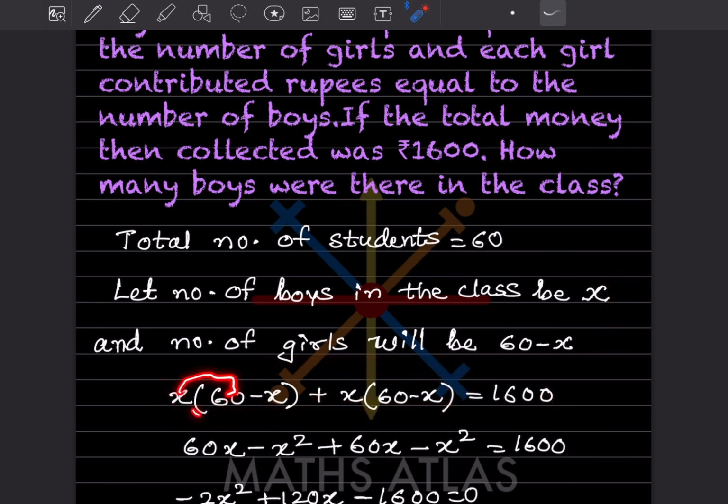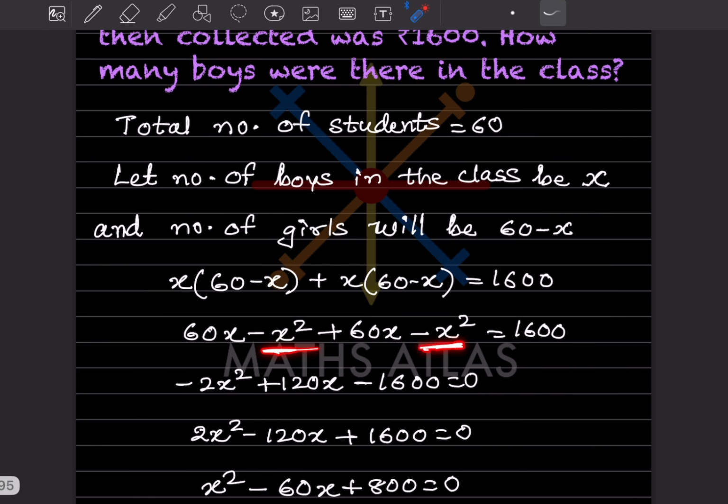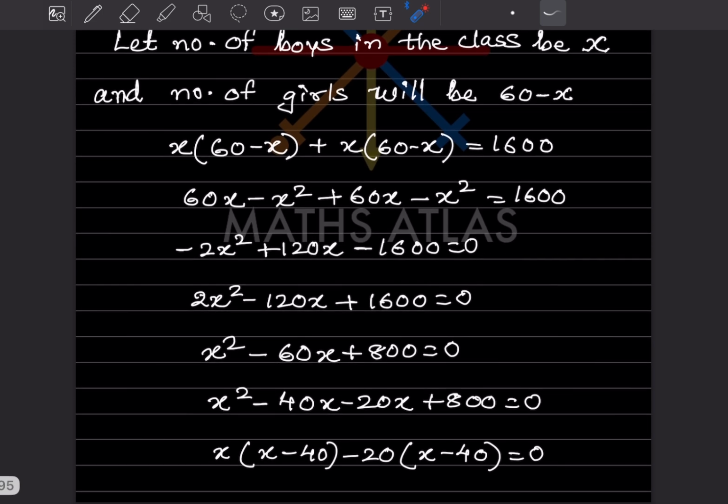So now you have 60x minus x square plus 60x minus x square, this is 1600. Now you can see minus 1 and minus 1 means minus 2x square. Then this will be plus 120x, and this will come here, that will be minus 1600 is equal to 0. Now see, in a quadratic equation always the first term should be positive.